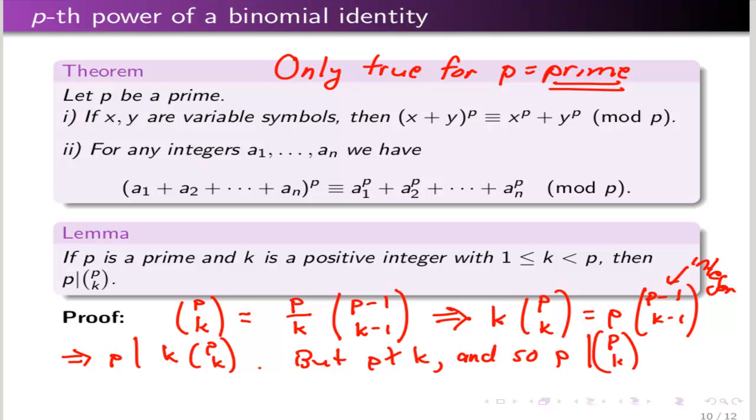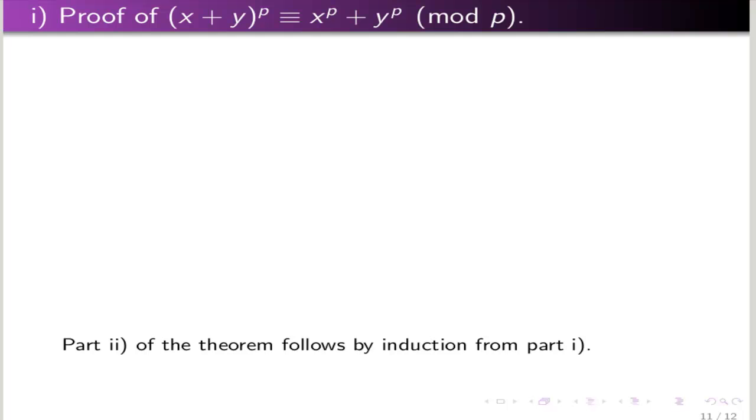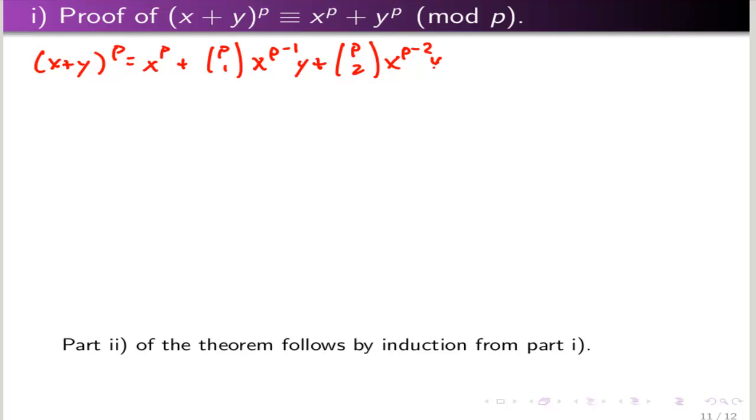So how do we use that? Well, if you use the binomial expansion, (x plus y) to the pth power is x to the p plus p choose 1 times x to the p minus 1 times y, plus p choose 2, all the way down the road until you hit y to the p. And then you just observe, aha, all of the binomial coefficients have a factor of p in them.